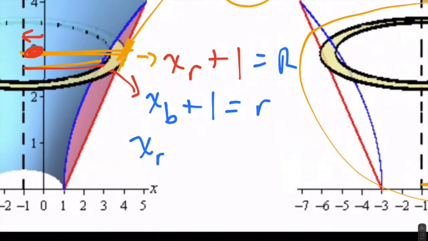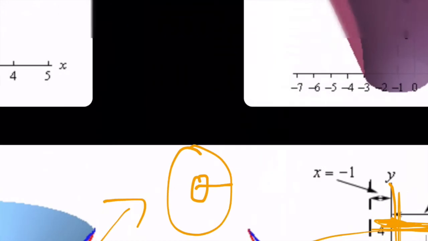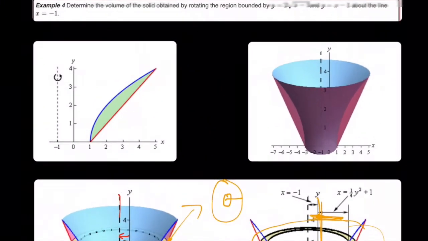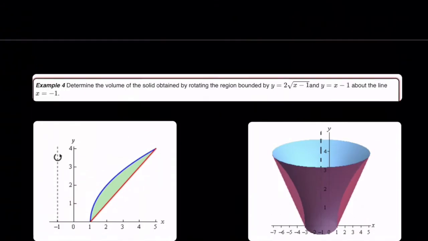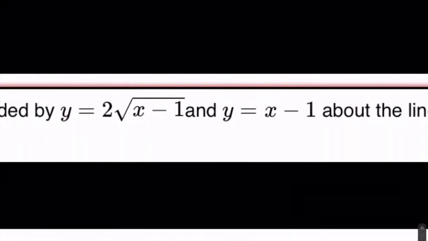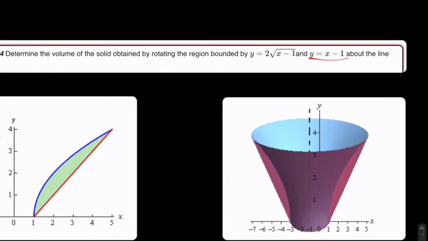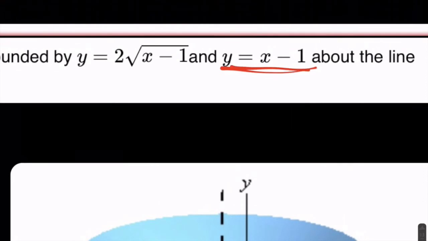So x of r, let me do this in red, x of r would have to equal, we're given the function in terms of x, but we can convert it to terms of y. So we know that x of r would be this function, because x of r is the linear function, and this is clearly the linear function. So we know that x would equal y plus 1, or x of r would equal y plus 1.